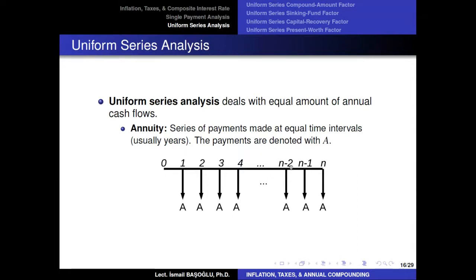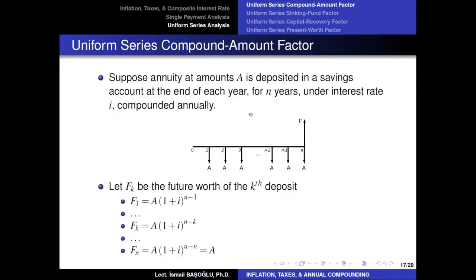And for n years here, at the end of every year, there is a negative cash flow of size A, and that A is basically representing the annuity size. The payments in this uniform series are usually denoted with letter A, and the question that we would like to ask is basically this.